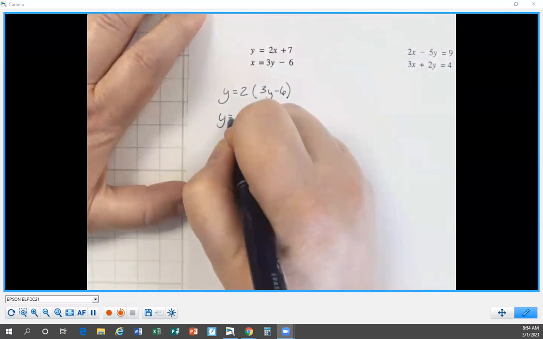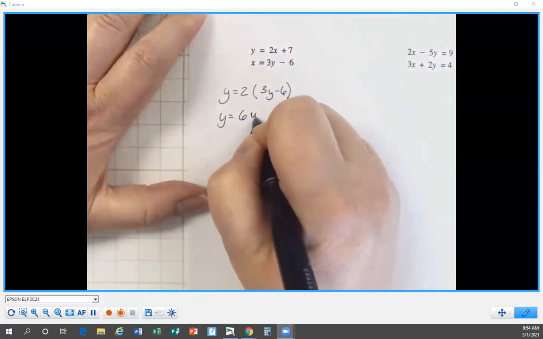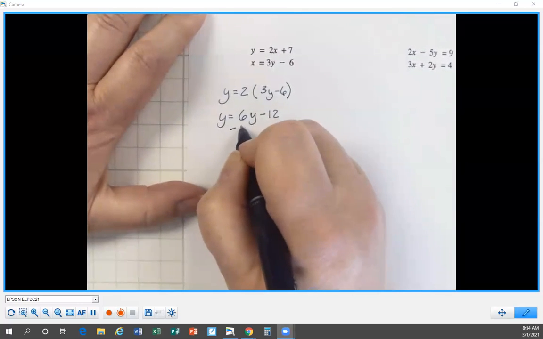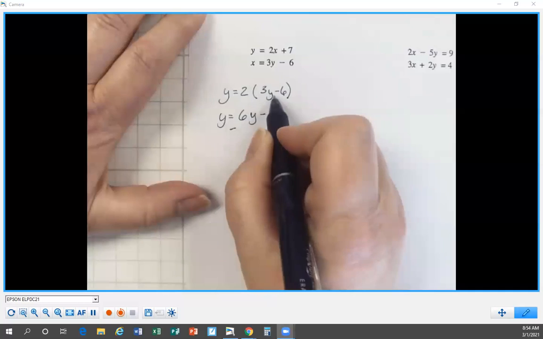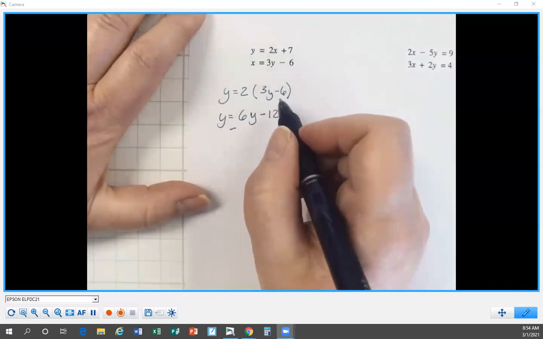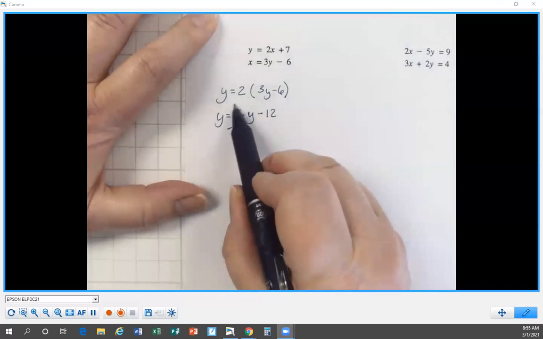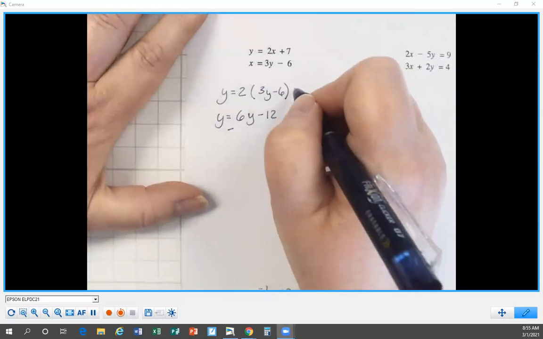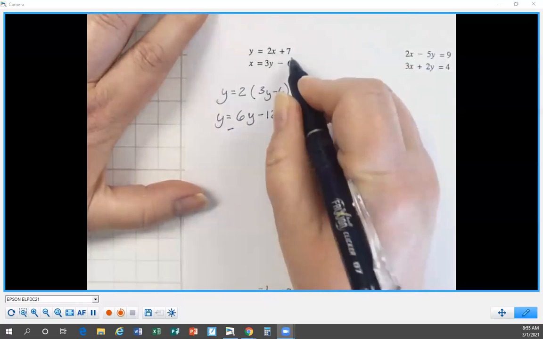Okay, so y equals 6y minus 12, sorry, distribute here, just double checking my distribution, and then plus 7 is what I forgot. Bring down that plus 7 here.